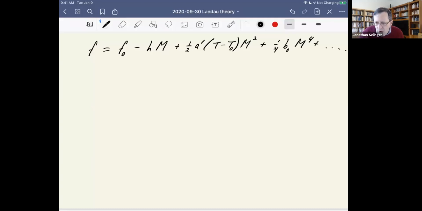In this way of writing things, people usually write the terms in order of increasing powers. So here's the 0th power, the 1st power, the 2nd power, the 4th power, etc.